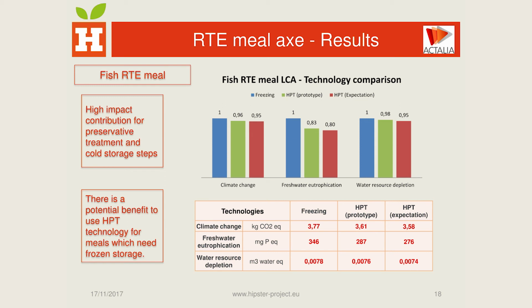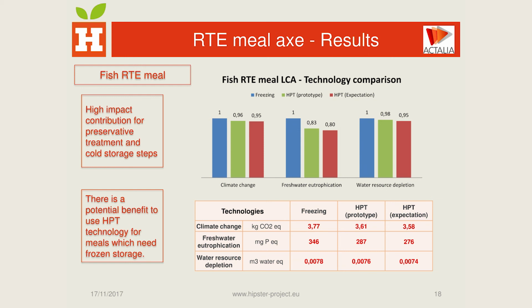It's essentially due to the fact that there is a high impact contribution of the cold storage in this chain of production, and so there is a high potential to reduce impact at this step.